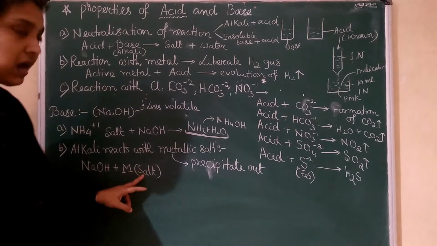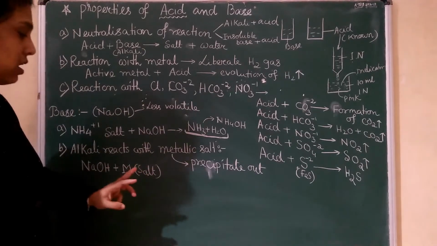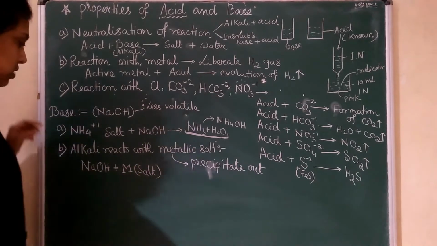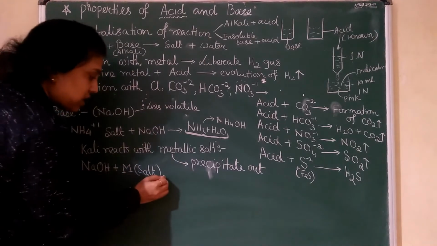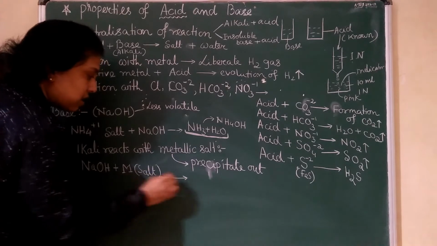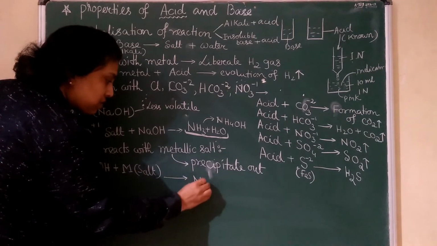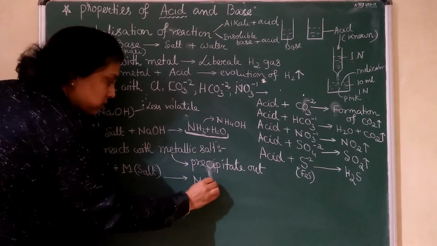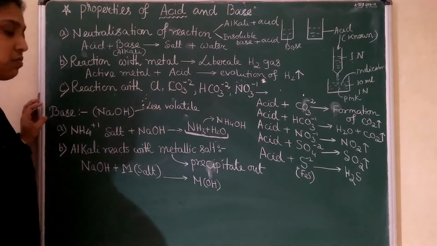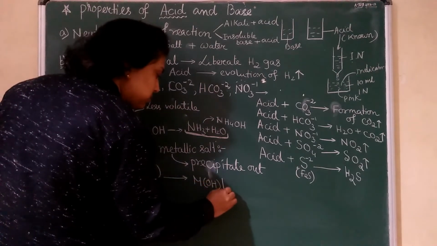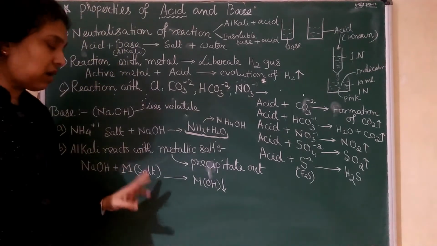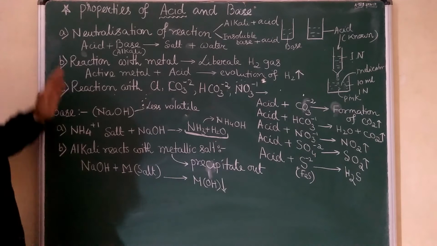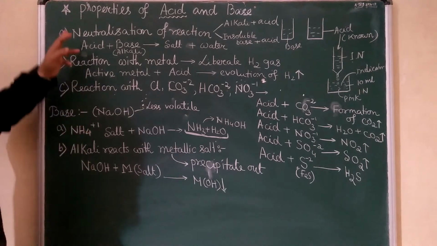It can be chloride salt, it can be sulfate salt, whatever salt you are taking, that metal will be precipitated out, depending on the salt you have taken. So these are the basic things we have to remember.